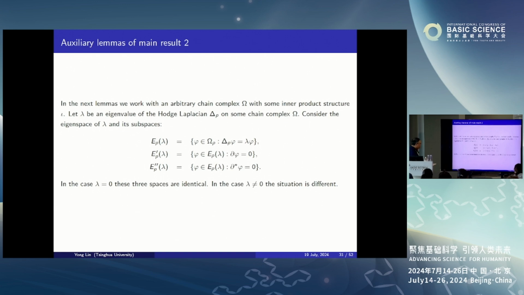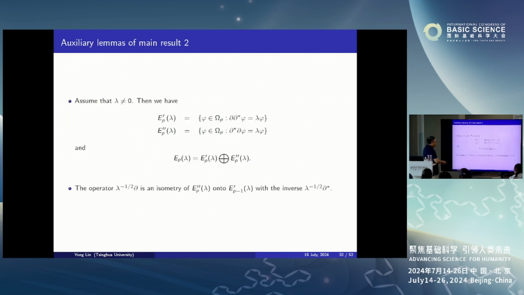You can prove that this E_p is the direct sum of these two subspaces, and this is the first fact we need to use. The second fact is this isometry between E_p double prime and E_{p-1} prime, these two subspaces, using this operator.